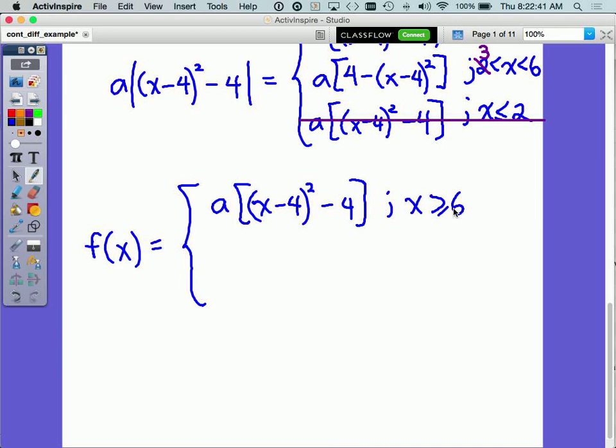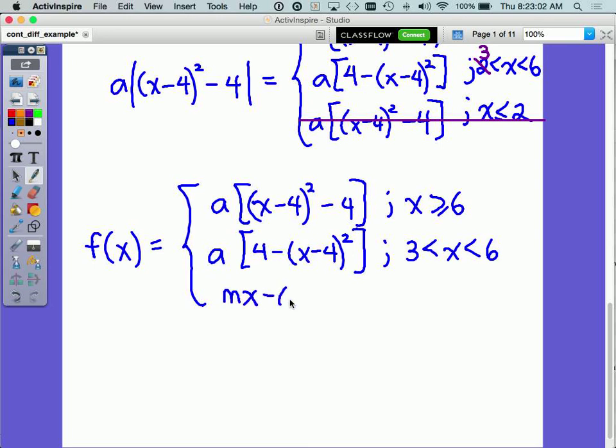In the middle, we're going to have what we had up at the top, a times 4 minus x minus 4 squared, and that's going now from 3 to 6. And at the bottom, we're going to have the function that we had at the top, mx minus 6, when x is less than 3. So that's what f of x is going to look like without the absolute values.